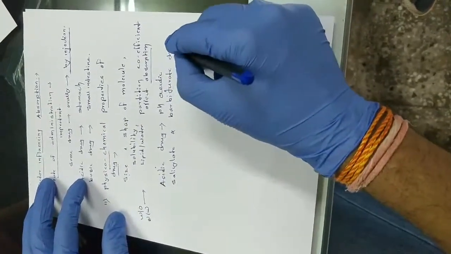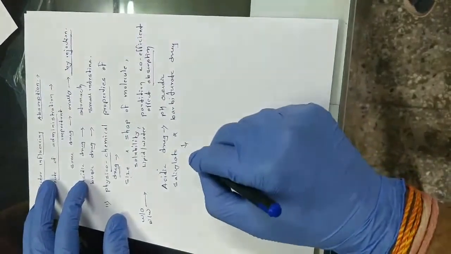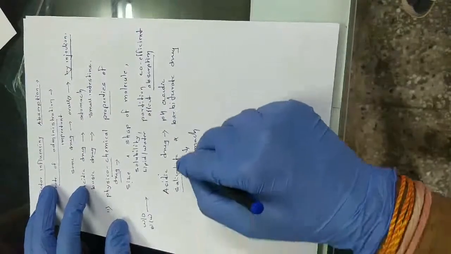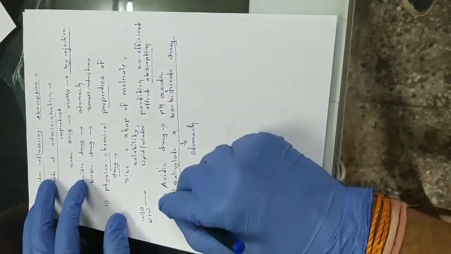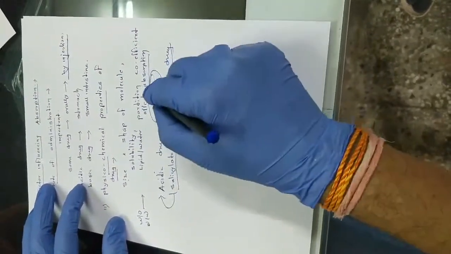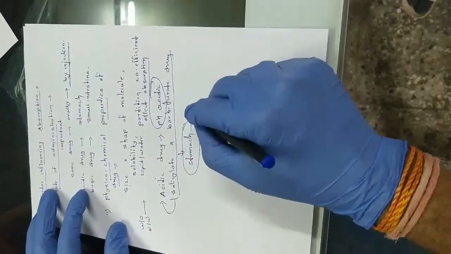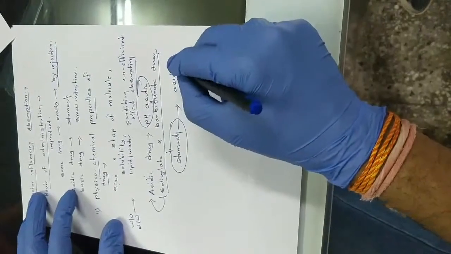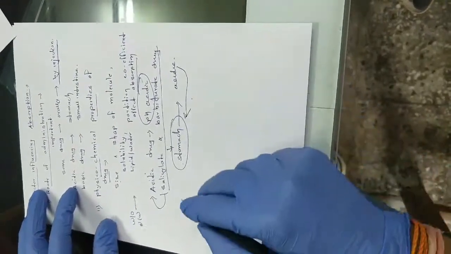These drugs can be absorbed in the stomach, because the nature of these drugs is acidic, their pH is acidic, and the stomach is acidic. All the acidic drugs dissolve in the stomach.